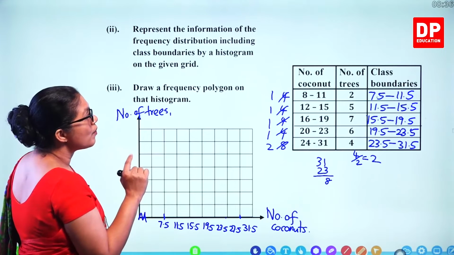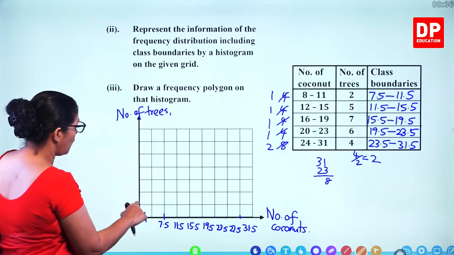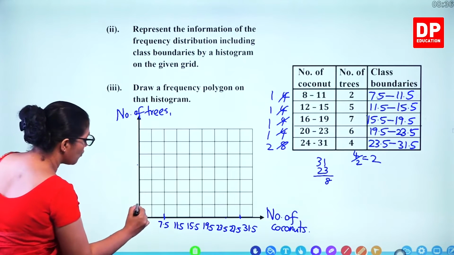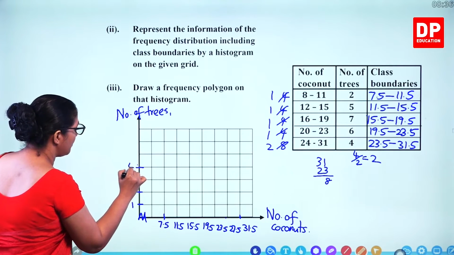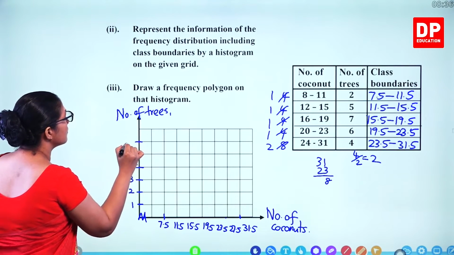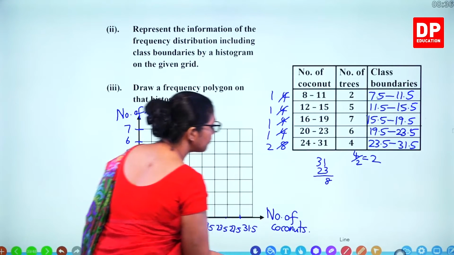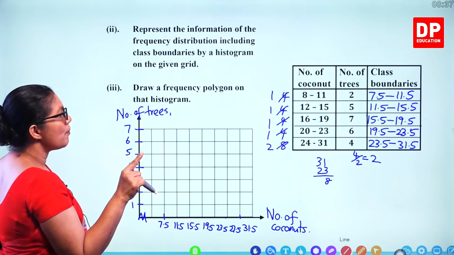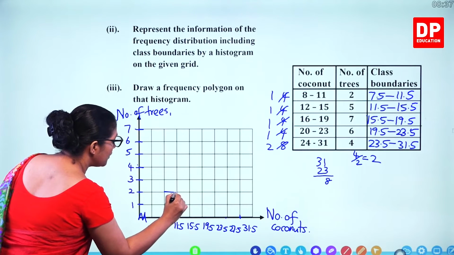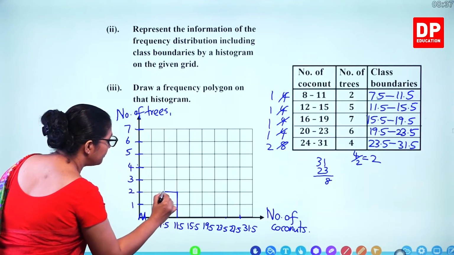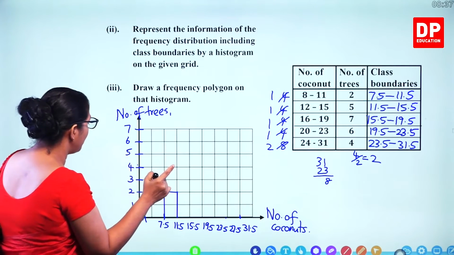And what about the frequencies? For the number of trees, the maximum is 7: 1, 2, 3, 4, 5, 6, 7. So we can take 1 for 1 square. Now we'll draw the histogram. 7.5 to 11.5, that's 2. 11.5 to the next is 5.